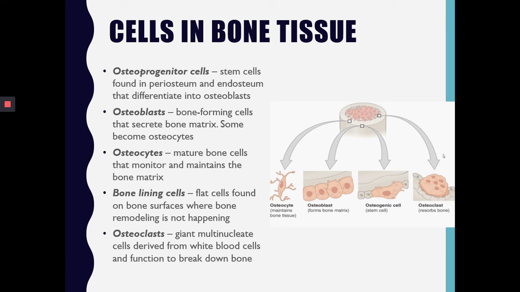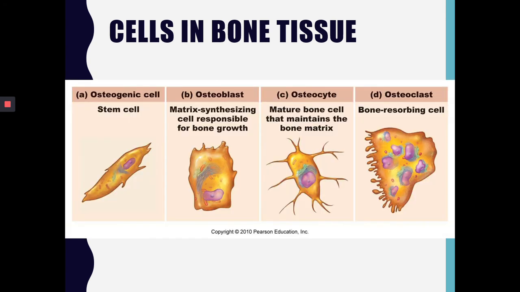So they kind of are the opposite of osteoblasts. Sometimes these will be referred to as a bone resorbing cell. They'll resorb bone tissue, and this could be really important for bone remodeling or when bones are damaged and need to be repaired. So we're going to see, again, really good images in your book on page 181, really good description of each of these types of cells as well.